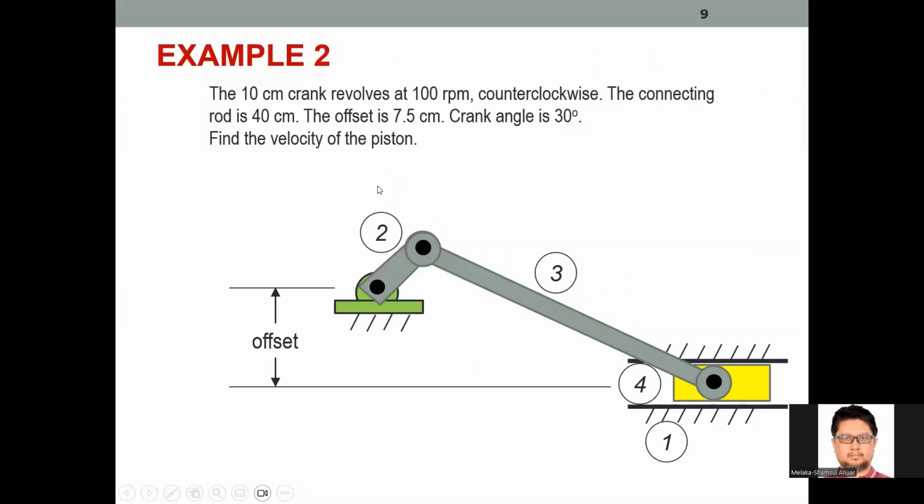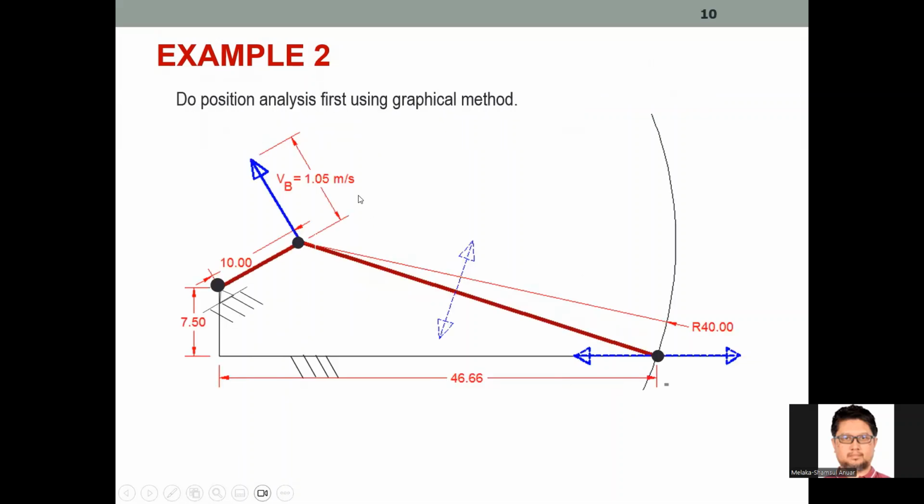And then from here we should be able to get 105.